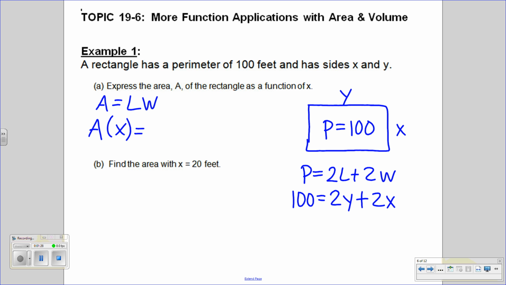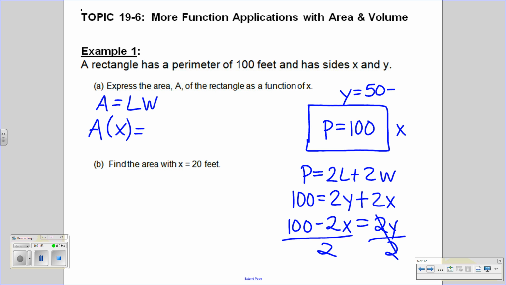Now what I want to do is solve this for y so that I can change the y to an expression in terms of x. So I'm going to subtract 2x to the other side and then divide by 2. And I'm going to divide both of those terms by 2, and so I get y equals 50 minus x.